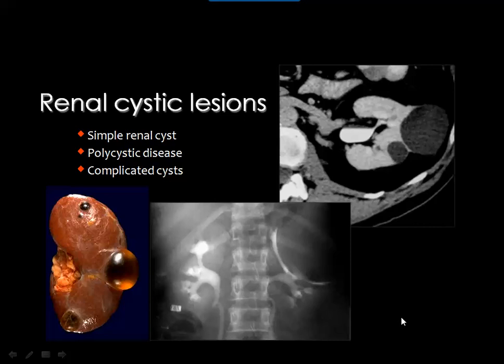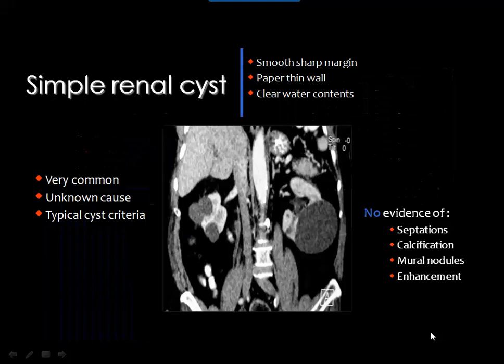And they taught us that for diagnosis of simple renal cyst on intravenous urography, you can see stretching and displacement of the calyces, meaning that the lesion here is benign. But ultrasound is very good to show the cyst, and also CT is very good to show the cysts, which may be multiple and bilateral.